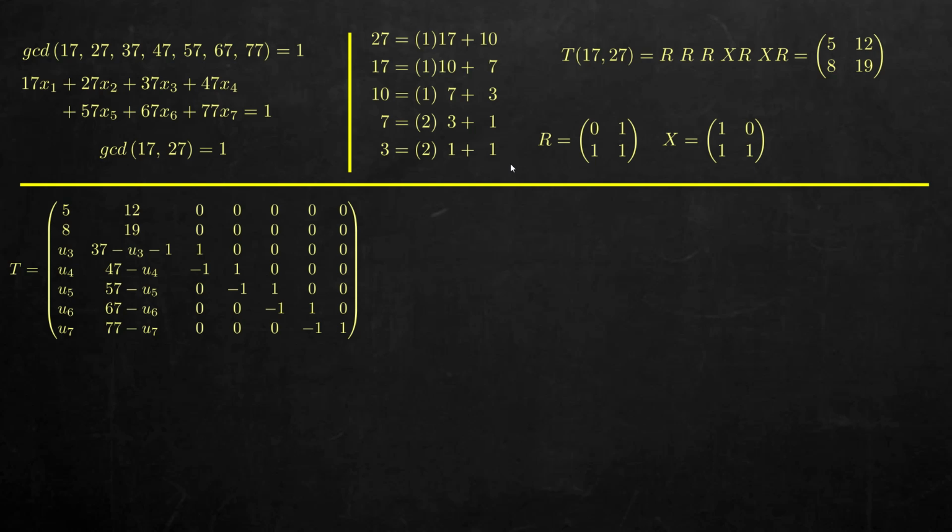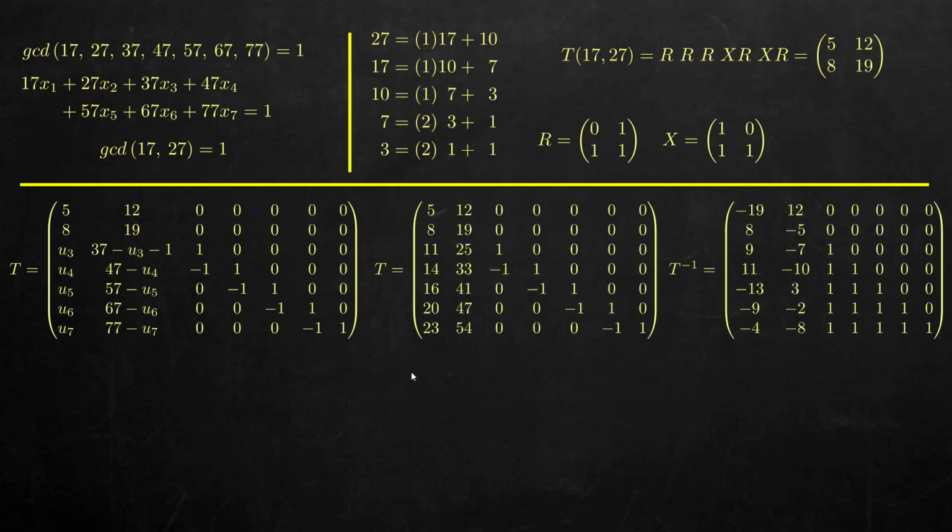We can choose any numbers for these ui's, but we can again minimize them and have nice values for them. So we will obtain this as the matrix mapping the vector of 1s to this set of numbers, and the inverse of this matrix has rows being the solutions to this Diophantine equation.